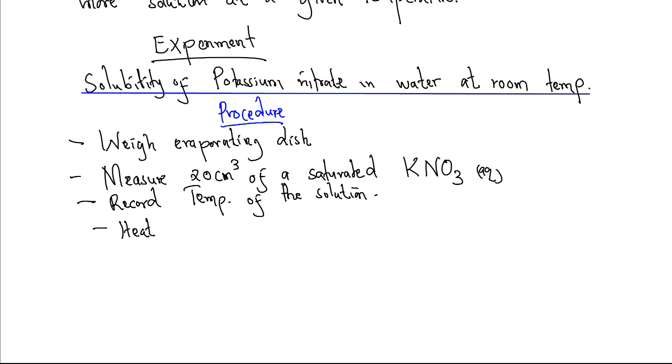Heat the solution gently to dryness, because when you use a lot of heat, it may decompose the potassium nitrate. Then allow it to cool and reweigh and record the mass.